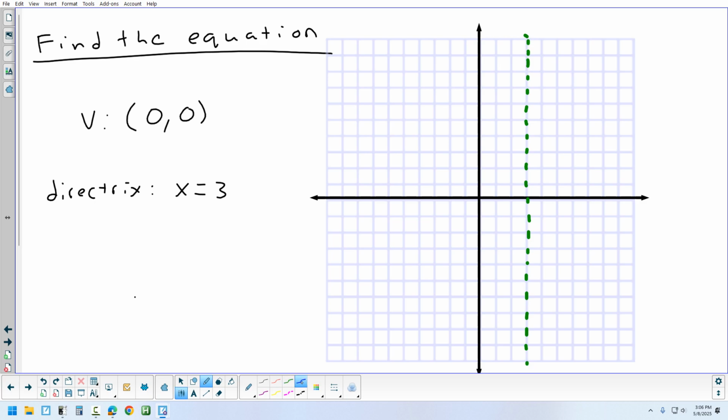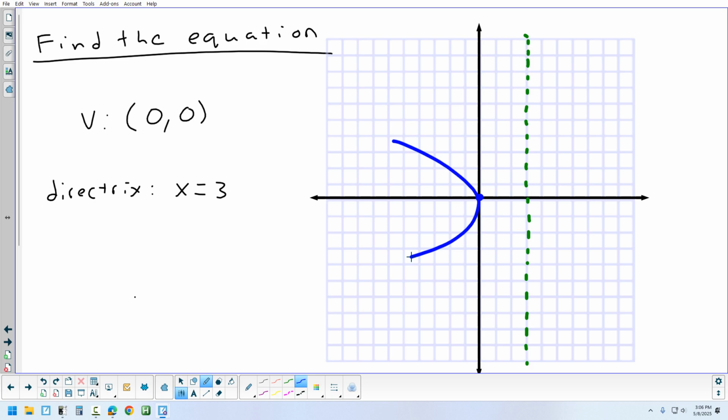Here is your vertex. If that's your vertex, which way does the parabola have to open? It has to open left. If the parabola opened right in any way, it would be crossing our directrix, and we cannot do that. So it has to open to the left.